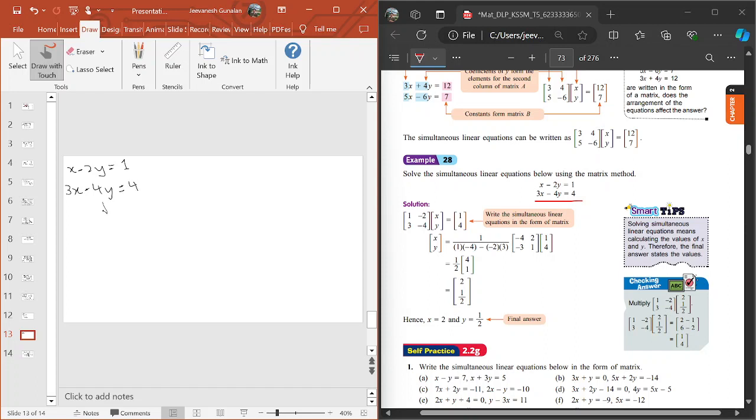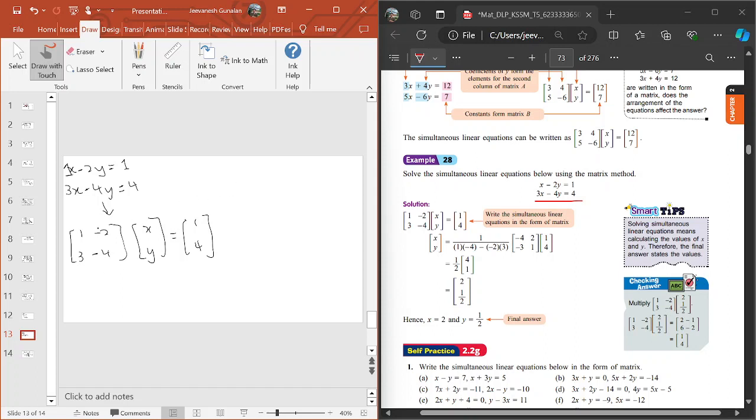So if I try to represent this in matrix form, then I will get 1, negative 2, 3, negative 4. How? I just took the coefficients. So 1 here, negative 2, 3, negative 4. Simple. And now I'm going to just write x y. This is equal to the value here. So 1, 4.